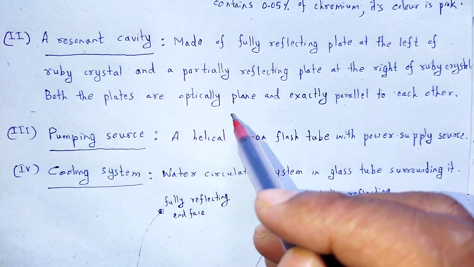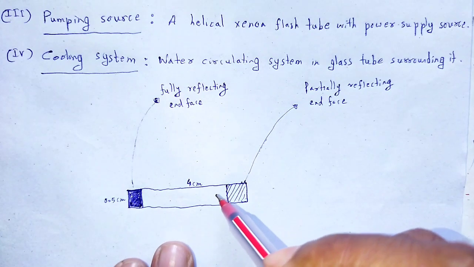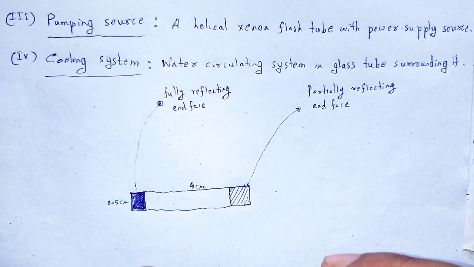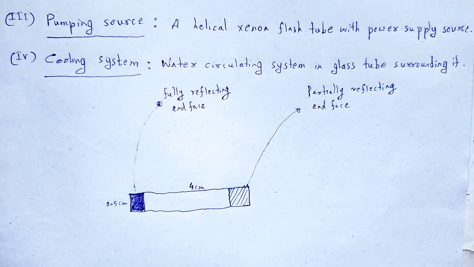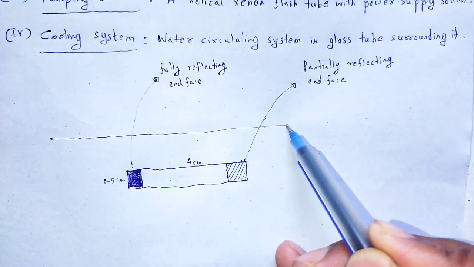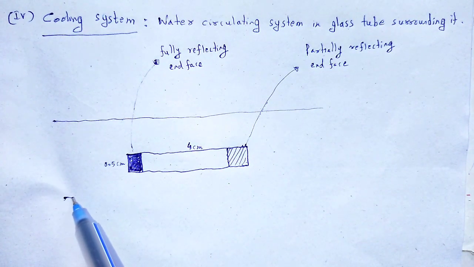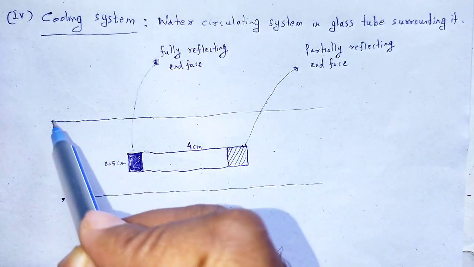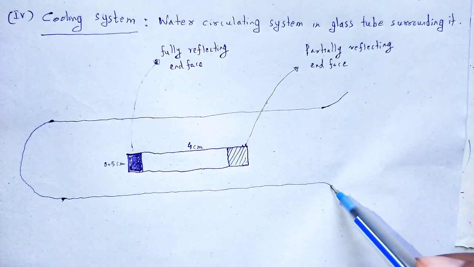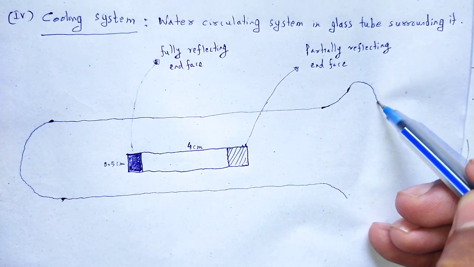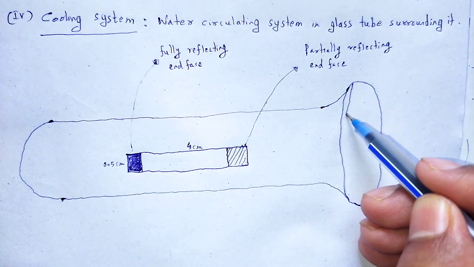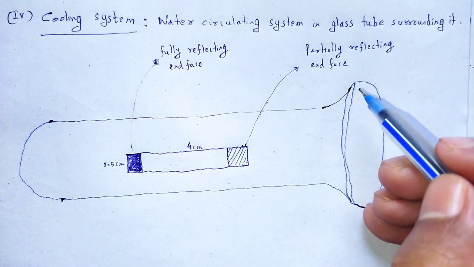Both the plates are optically plane and exactly parallel to each other. And it is situated in a glass tube.